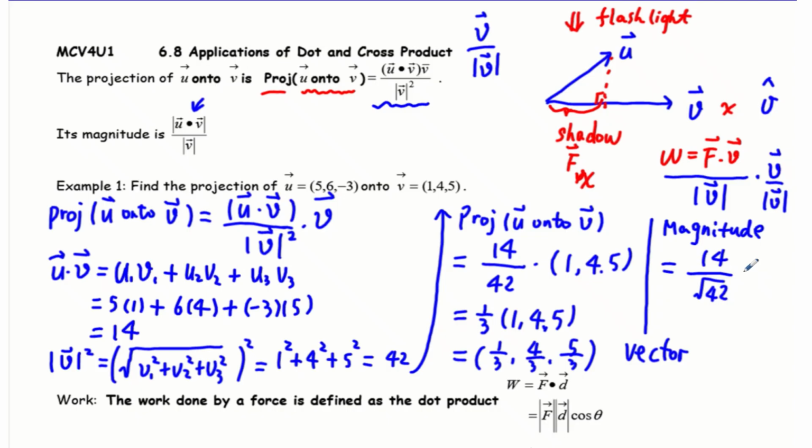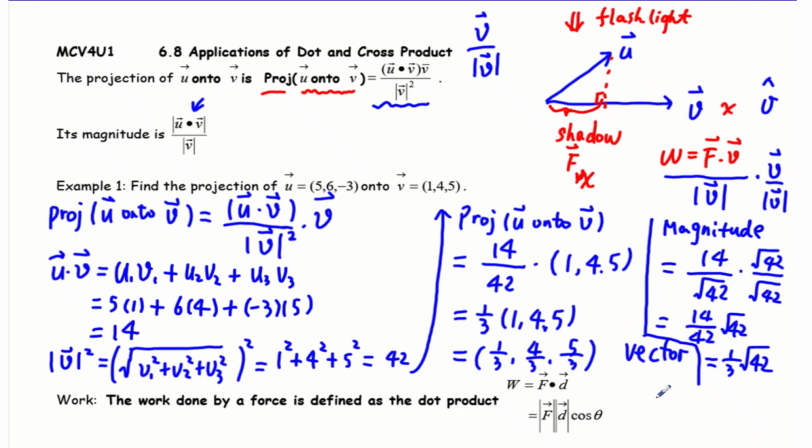And if we want to write it as a rational, we just rationalize it. We multiply this term to both top and bottom. Then the denominator will not have a square root radical sign. So the square root squared is itself, 42. Then with the square root of 42, we simplify and get 1 over 3 times the square root of 42.